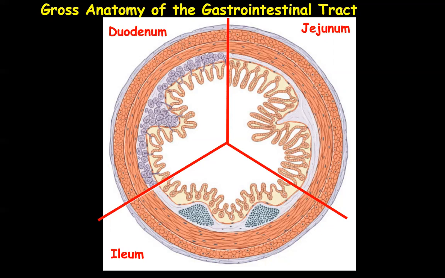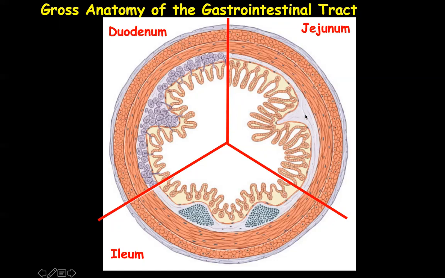To figure out what section of the small intestine you're in, you're going to look for the presence of something exciting in the submucosa. So in the duodenum, in the submucosa, what you'll find are these duodenal glands, or sometimes called Brunner's glands, and these are responsible for secreting an alkaline fluid that helps to neutralize acidity coming from the stomach.